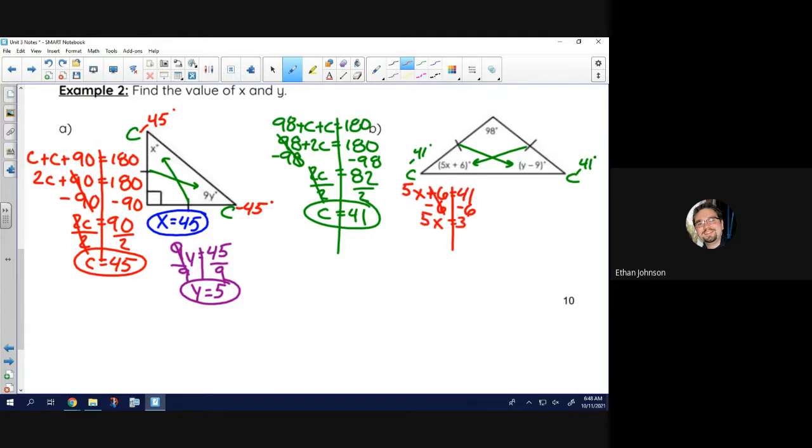So 5x equals 35. Divide both sides by 5. X equals 7. For the y minus 9 equals 41. Add 9 on both sides. Y equals 50.